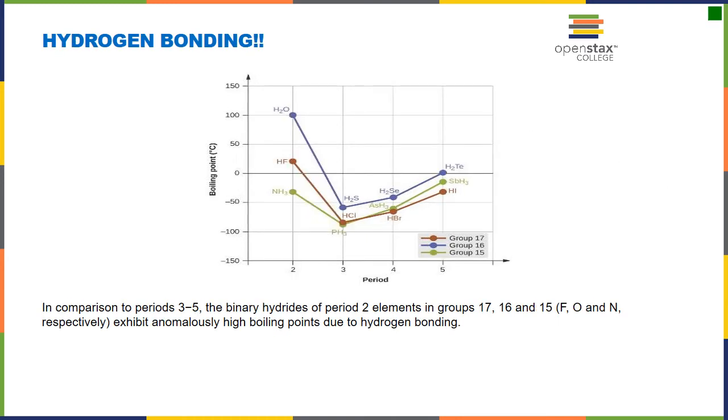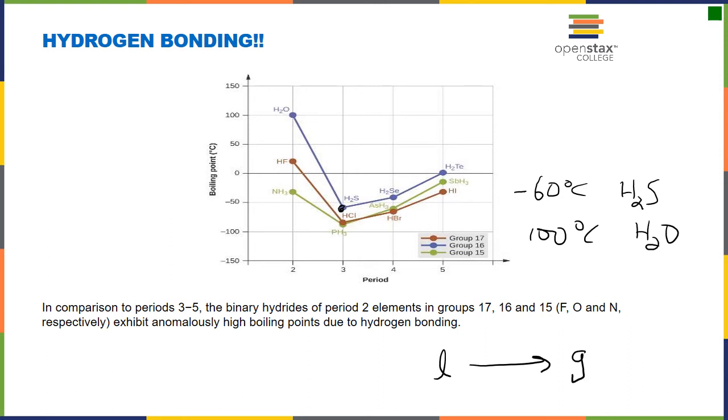And it really does. Because when we put our water in here, our boiling point goes from minus 60 degrees centigrade for H2S to 100 degrees centigrade for H2O. Now this is boiling, meaning this is the process of going from a liquid into a gas, which means we are pulling the molecules apart.